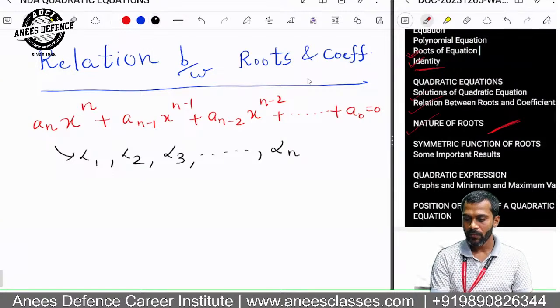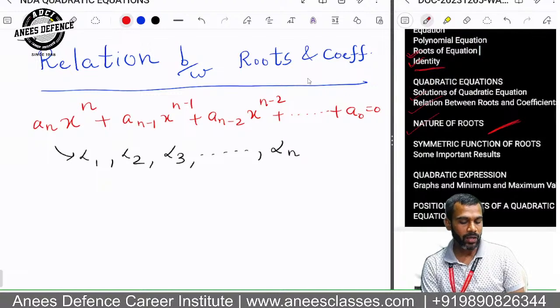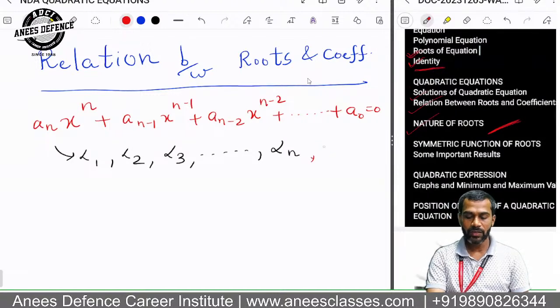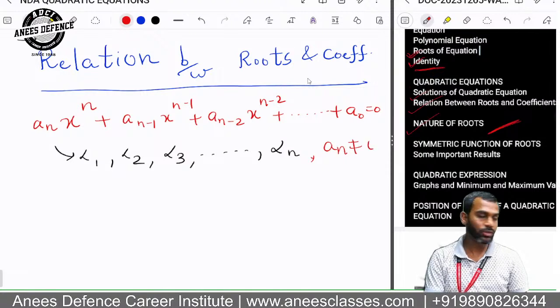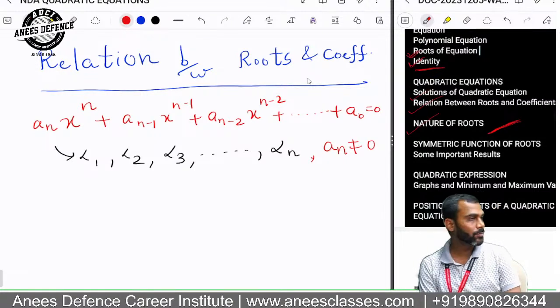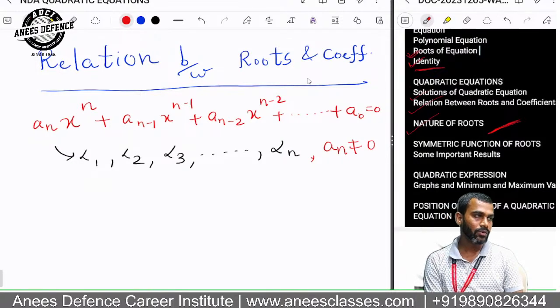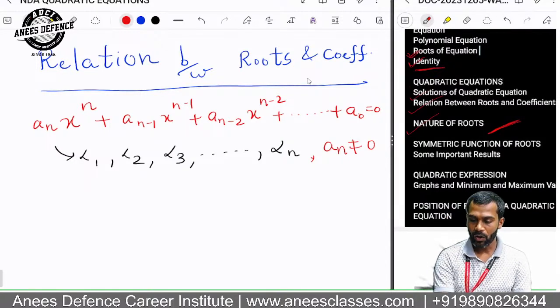Now let us divide the whole equation by an. See, always remember, since degree is n, to maintain degree n, an should not be equal to 0. Rest of them may become 0, but an should not be equal to 0 because degree is n and we have n roots. Now just divide the whole equation by an.